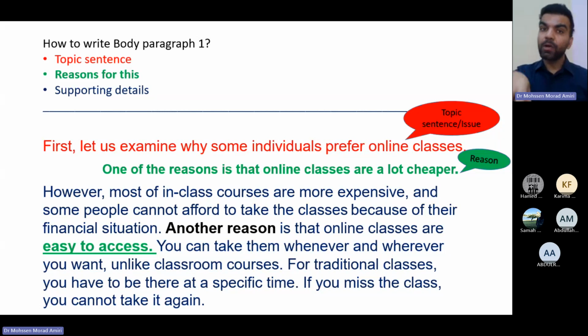But again, I write also some information about traditional class. That traditional class, you should attend the class in a fixed timetable, in a fixed timing, in a specific time. You cannot go anytime you want. There is a specific time and you should attend. But online class, no. Online class, the timetable is flexible.